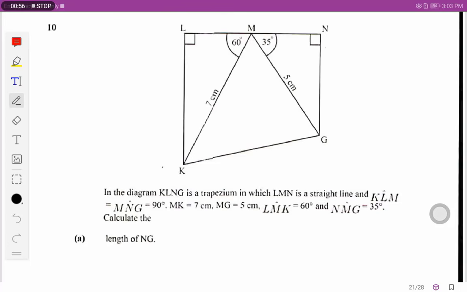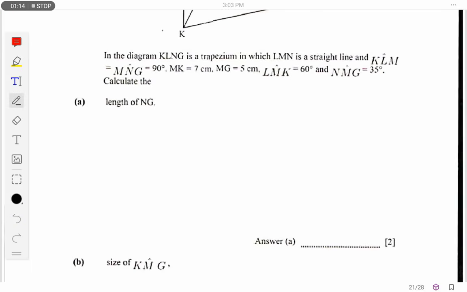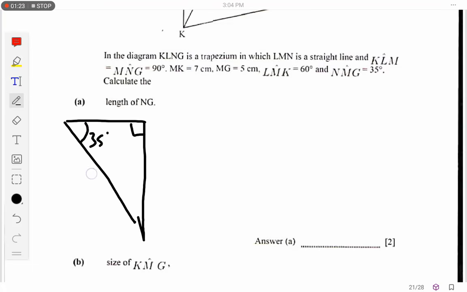Okay, NG. Okay, fine. So basically, we are looking for this length there, NG. And we have got this triangle like that. So let's use that triangle to calculate our NG. I'm going to redraw the triangle so that it is easy for us there. We've got 90 degrees, we've got 35 degrees here, and we've got 5 centimeters here, and we want our NG here.